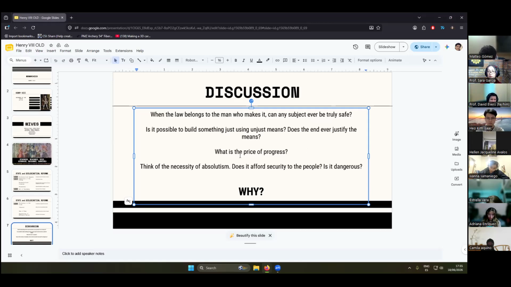Then we have the next question, which is, what is the price of progress? The monasteries that Henry dissolved provided education, welfare, healthcare, etc., for the poor. One of the basic Christian Catholic principles is charity, helping those with less means, which a lot of these monasteries dedicated themselves to.